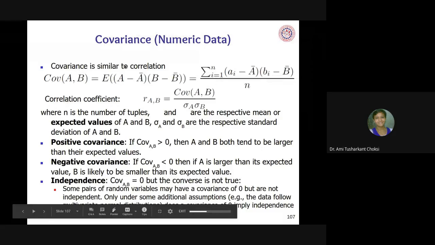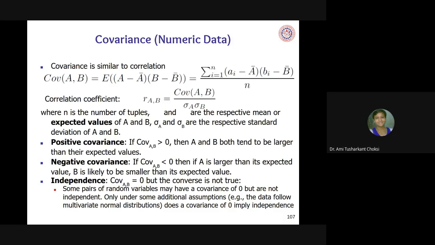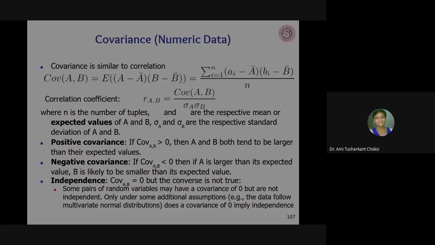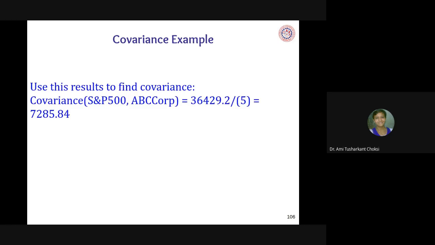Now, covariance is similar to correlation. Now we want the relation between covariance and correlation. Correlation tells whether two variables are related or not, using the chi-square test. The second one was the correlation coefficient, where we can say positive, negative, or no relation. Then we found the covariance, using a simple way, where we can say the relation is positive, negative, or 0.